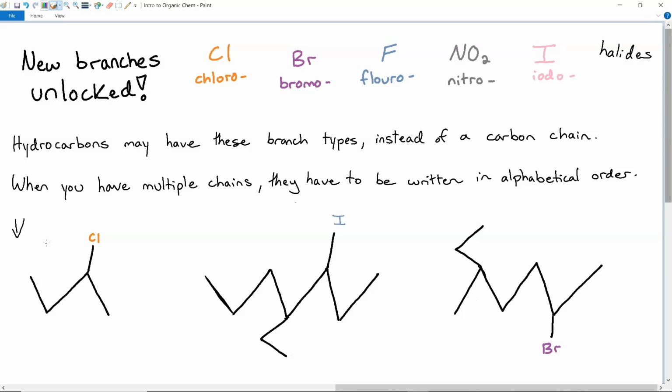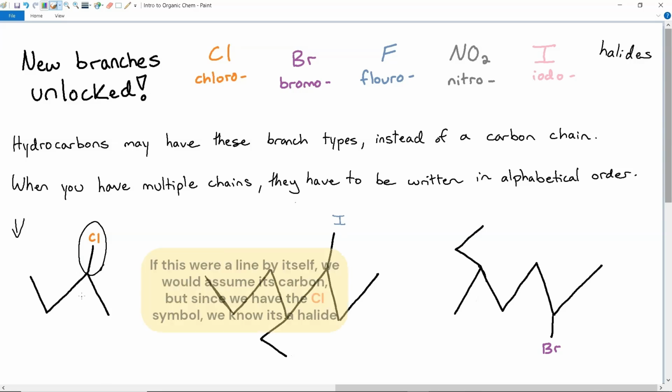Let's look down here. We are going to start off the exact same way. We want to count our largest carbon chain. And if I start counting from left to right, this branch here, our chlorine, would be on our third main carbon. But if I count from right to left, it would be on our second. And we just learned that that would be much better.